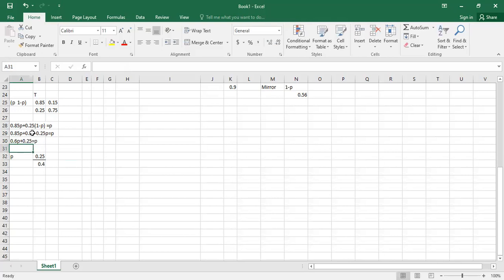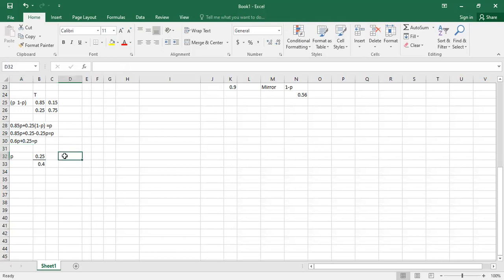We change 0.25. So 0.85 minus 0.25 is supposed to give us 0.6. So if we take it on the other side, it will be 0.4. Okay. Yes, I think that's okay.